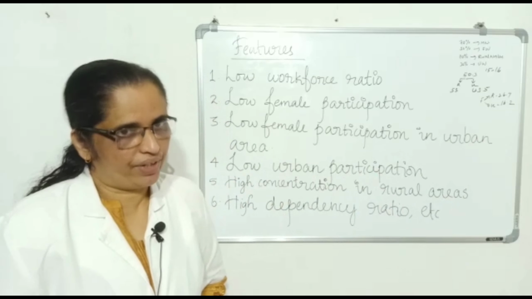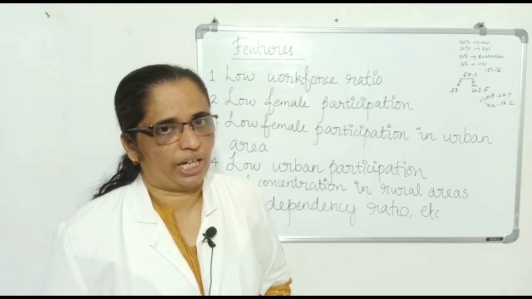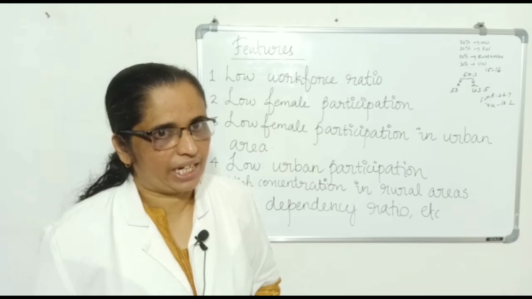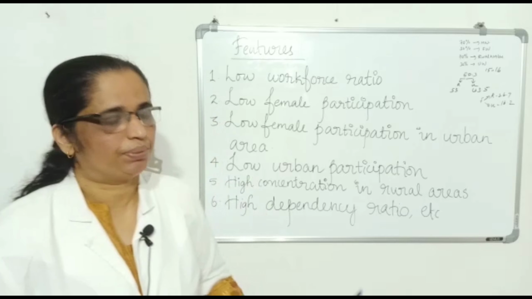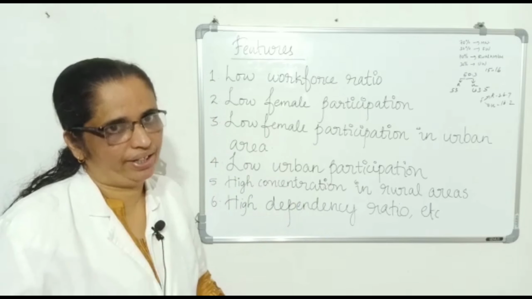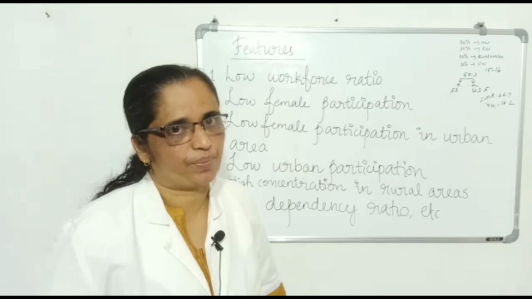So, how can we conclude? Working population or the number of workers in India is not high, especially in comparison with the developed nations. It shows unemployment is growing, and dependents are also growing.